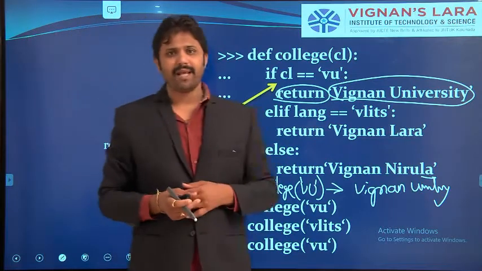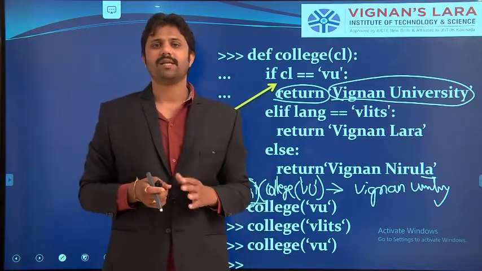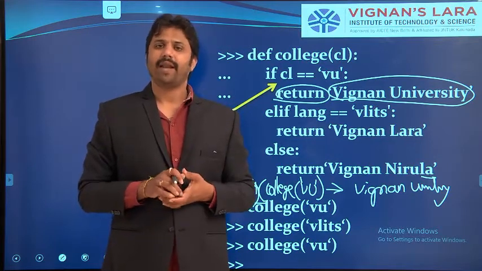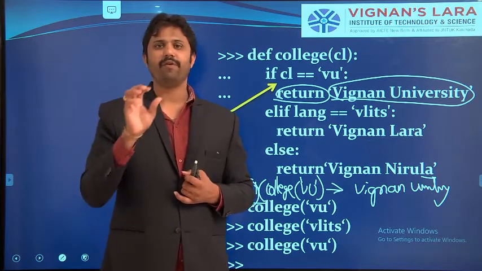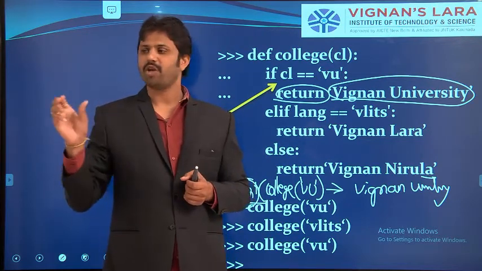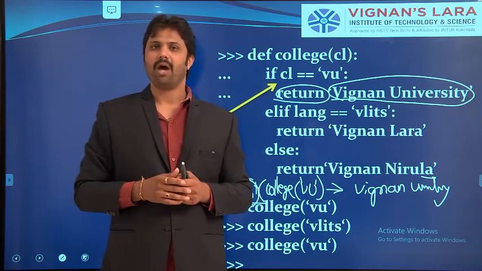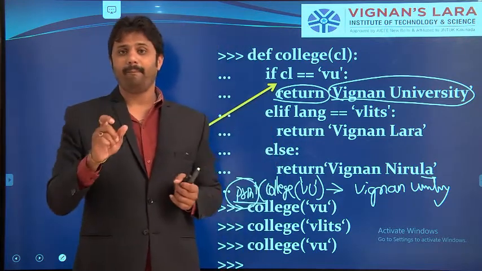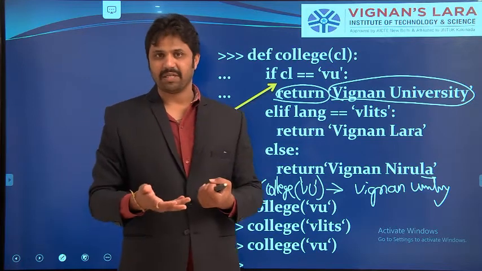So let us summarize this. First, in this session, we have discussed what is the purpose of a function, and next, how to define a function. What is the keyword? The def keyword is used to define a function. After that, the function name, parentheses, and indentation mark. After that, we have discussed the concept called parameters. What is a parameter?